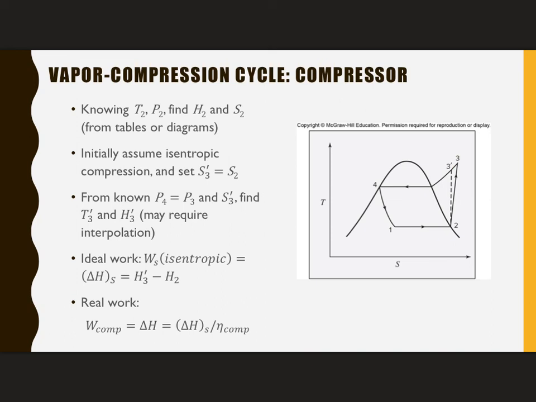To find the actual work, use the definition of efficiency for a compressor: the ideal work, or delta H in this case, divided by the compressor efficiency. Now remember, compressor efficiency is calculated as the reciprocal of what you would have used for the turbine. Efficiencies must always be between 0 and 1.